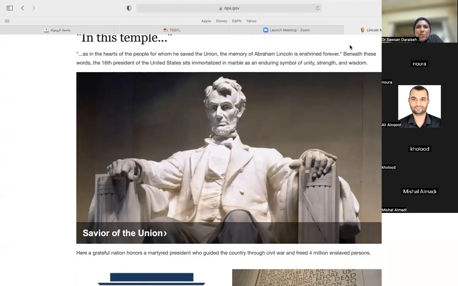So the American people built a building, and they also made a statue of Abraham Lincoln. As you can see, this is how he looked, really. He was a very old man when he was president, just like Biden now.